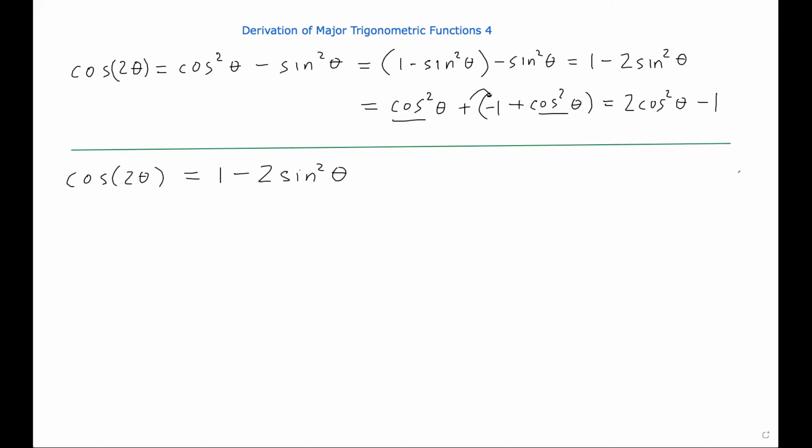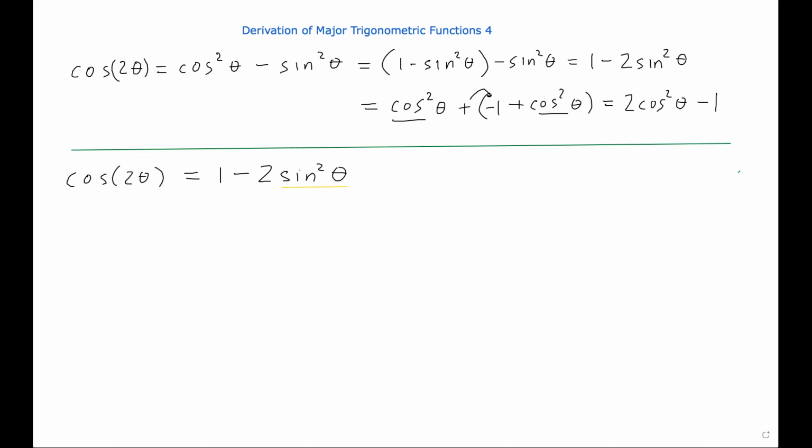So as I stated in the last video, we're going to solve for sine squared theta. So we want to isolate sine squared theta, so move everything else to the other side of the equation.